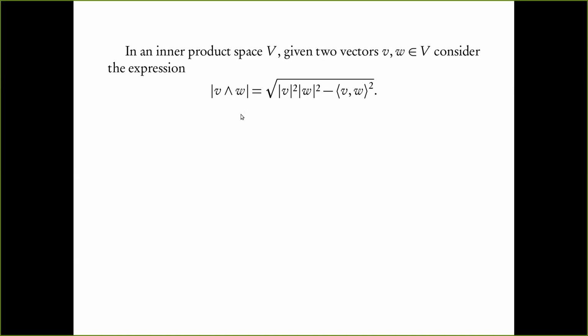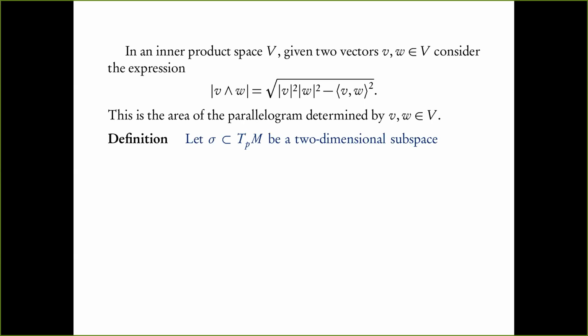So this is exactly as Ujan said: it's not the signed area, it's just the absolute area of the parallelogram determined by V and W, right? Okay, good. So why is this relevant? Well, we are soon going to see why.